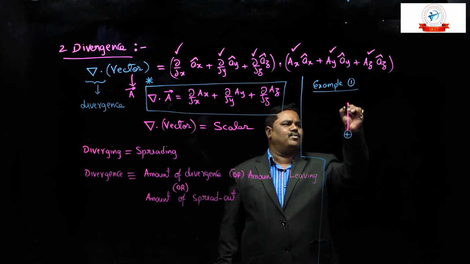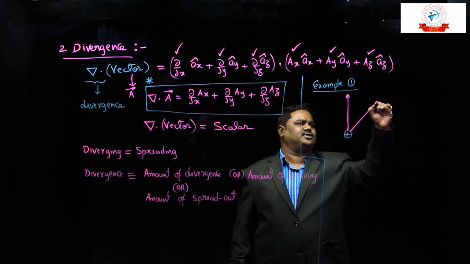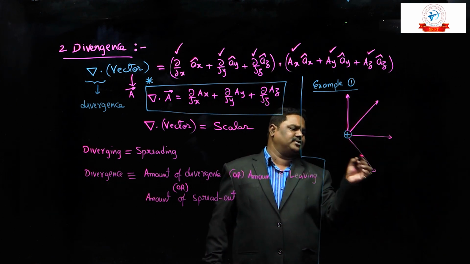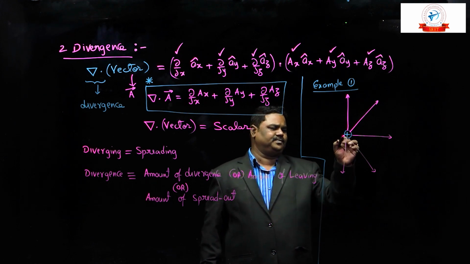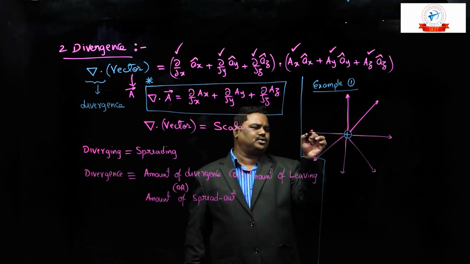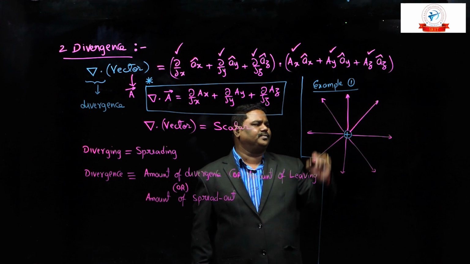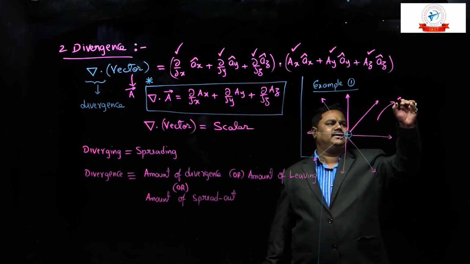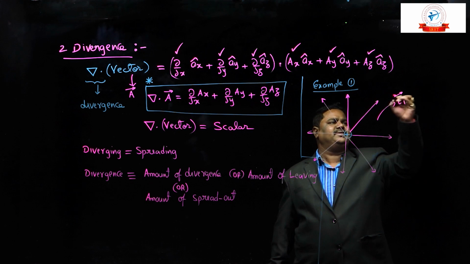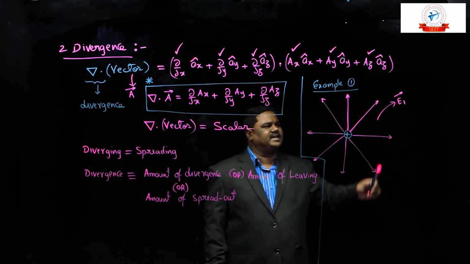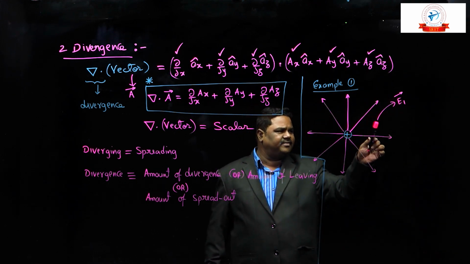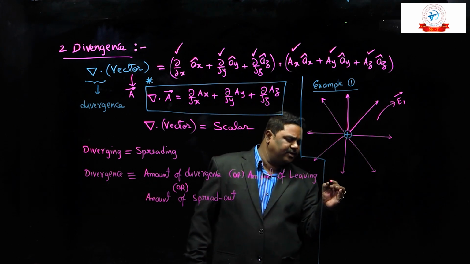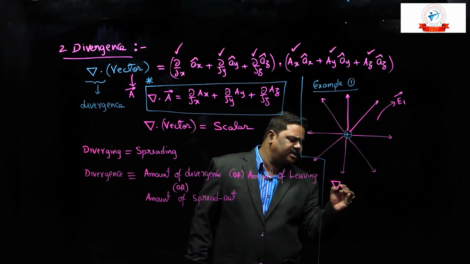Always the electric field moves away from the positive charge, like this. The direction is outwards. Now I represent this entire electric field with a mathematical equation E1 bar, or we can say E1 bar is the electric field due to the positive charge. Then let us find out what is the divergence of E1 bar.